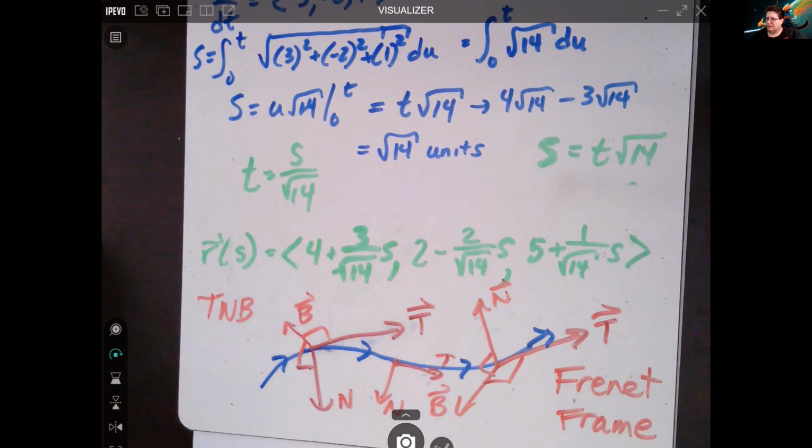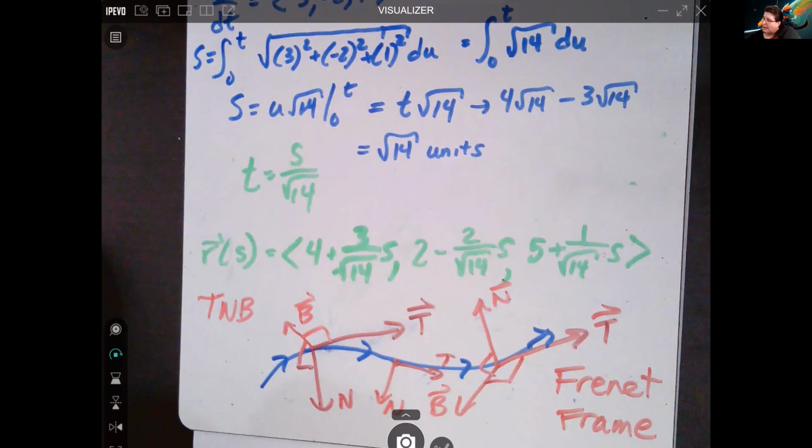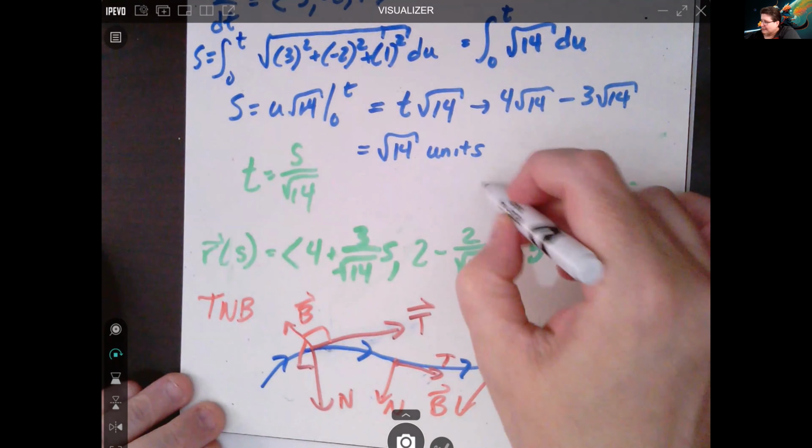We will use arc length as part of it. The two most common parameterizations are time and distance. Another common parameterization is, we have this curve like this.